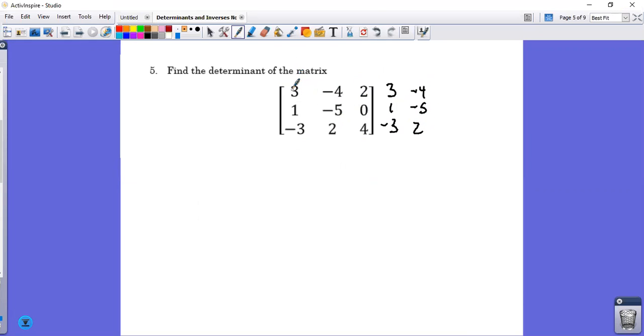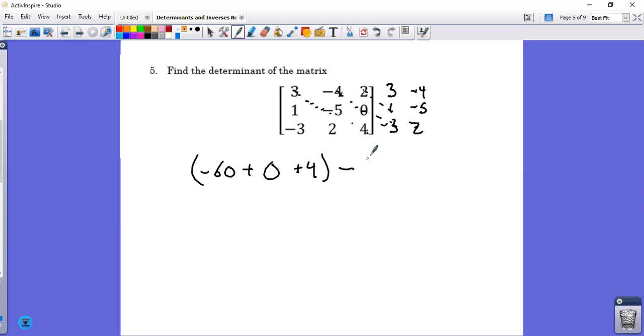And that way you have to multiply those 3. So -15 times 4 is -60. And you're going to add that to these 3. -4 is 0 and -3. So it's this diagonal starting with 3, then starting with the -4, that would be 0. And then starting with the 2. 2, 1, and 2 is 4.